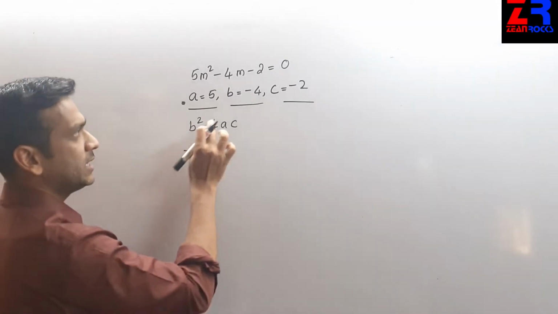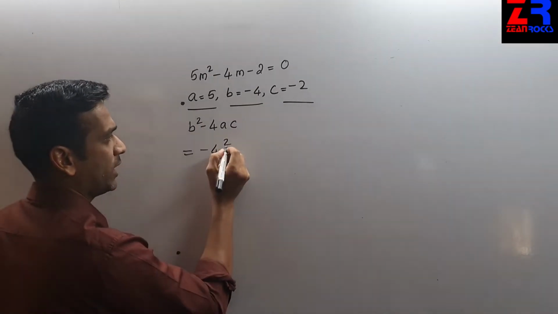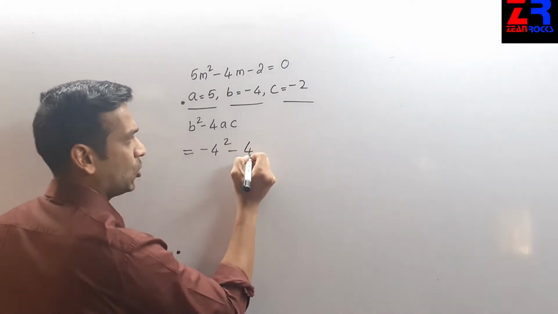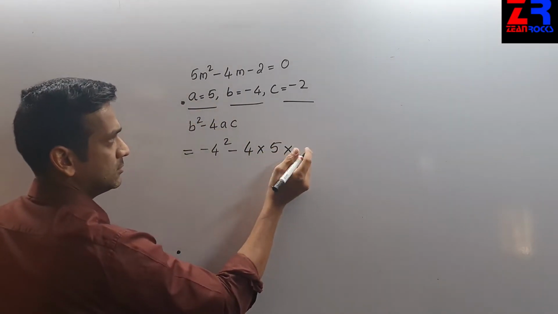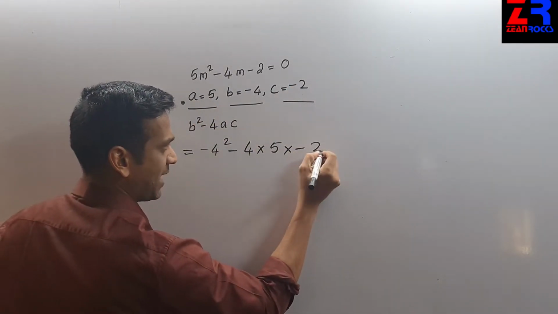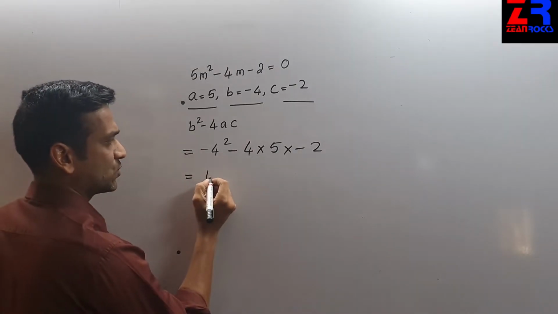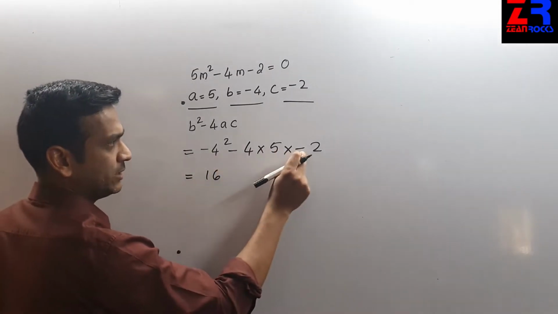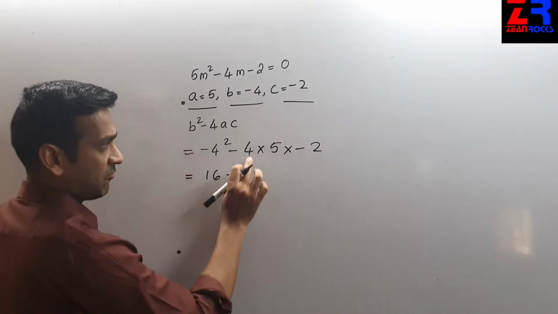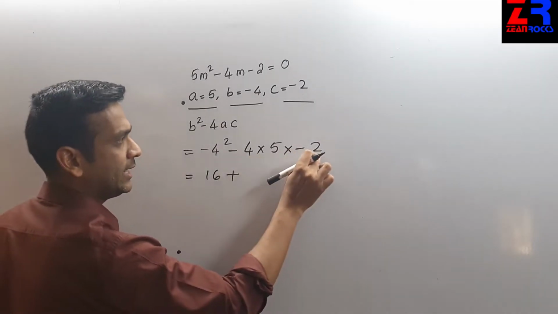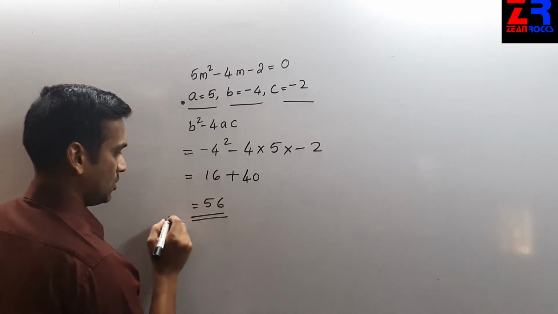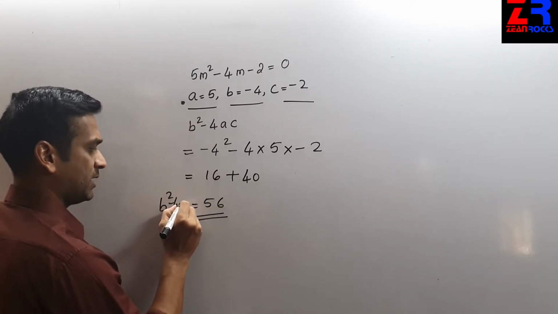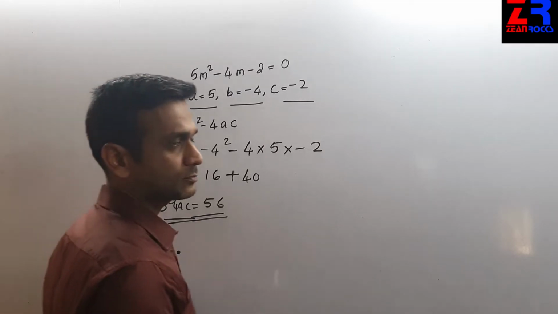Now what is b? b is -4 square. -4 into what is a? A is 5. What is c? C is -2. -4 square is 16. Minus into minus will become plus. 4 5 is 20. 20 into 2 is 40. Answer will be 56. So you got the value of b square minus 4ac as 56.